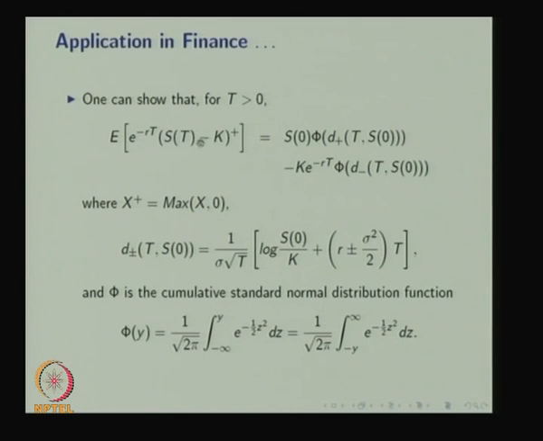So the expected return will be calculated using the CDF of the standard normal distribution, and we should know the strike price capital K, the maturity date capital T, and also the interest rate r and the volatility sigma.